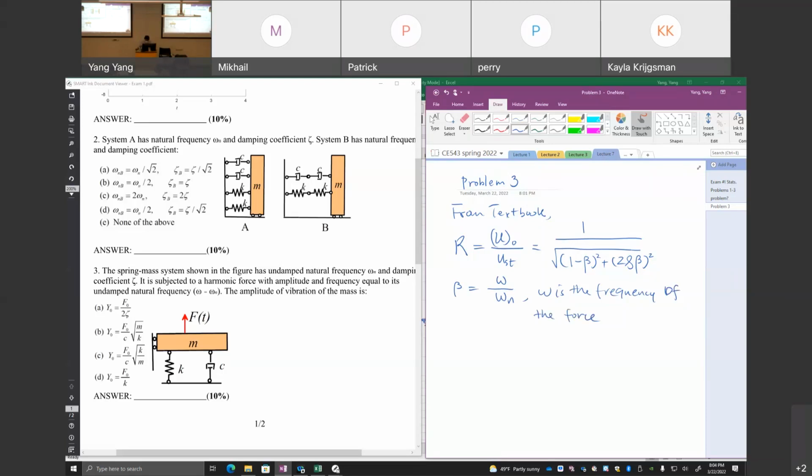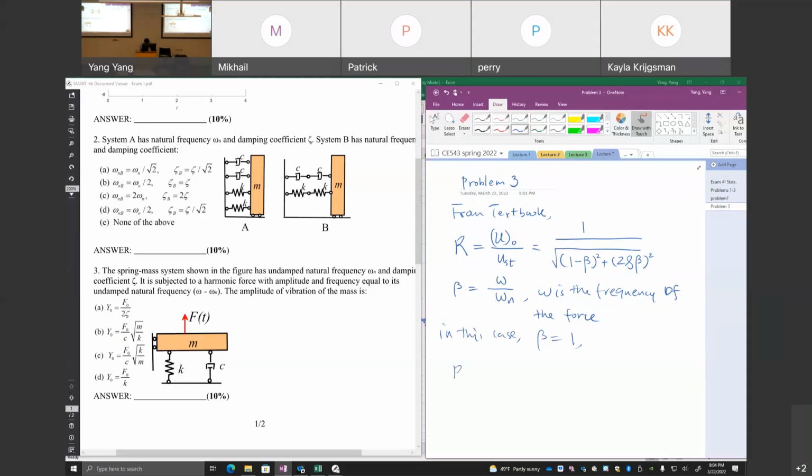So in our case, what is the beta value? We are given that omega is equal to omega n, which means that beta is equal to 1.